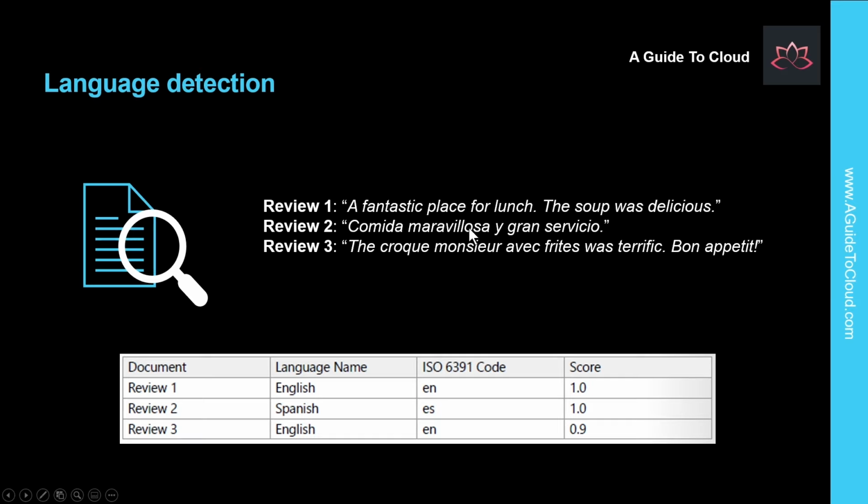But you get the point, right? The language detection service detects all three and predicts the language, the code, and the score. As you can see, the third one is a combination of, I think, French or Spanish and English. So the confidence level is not high.